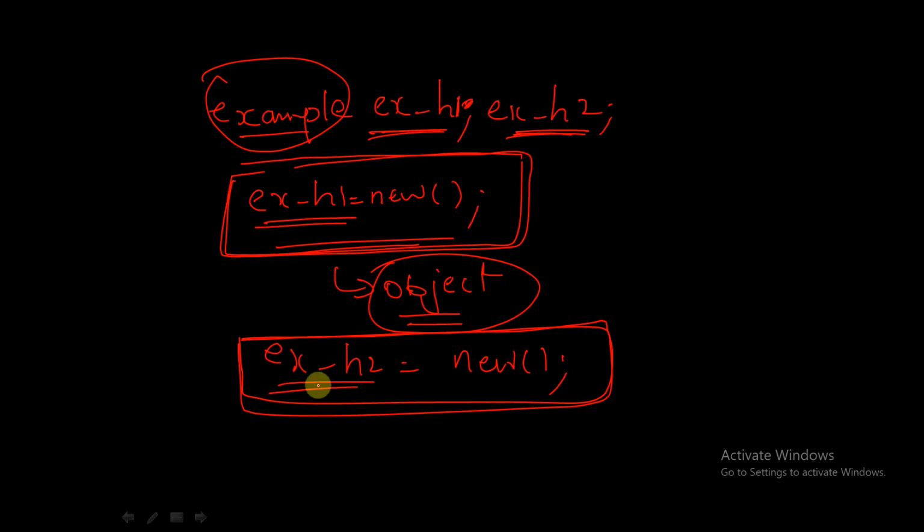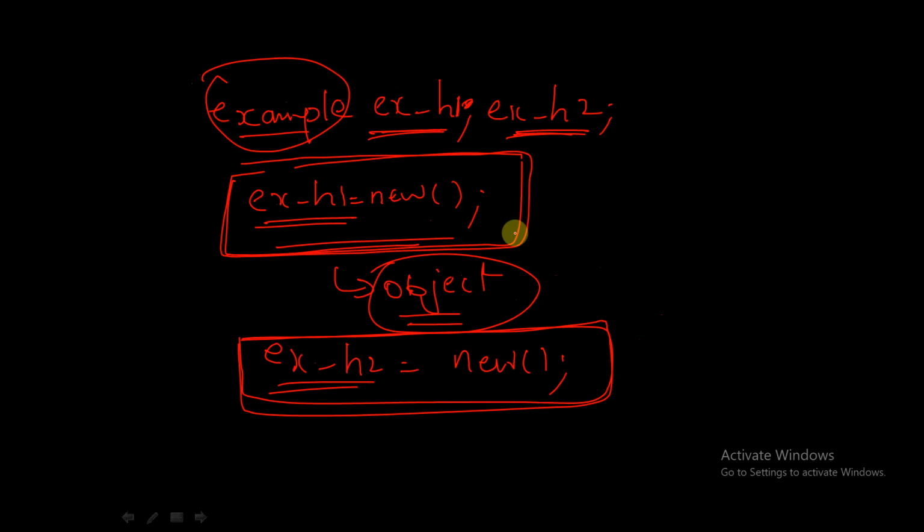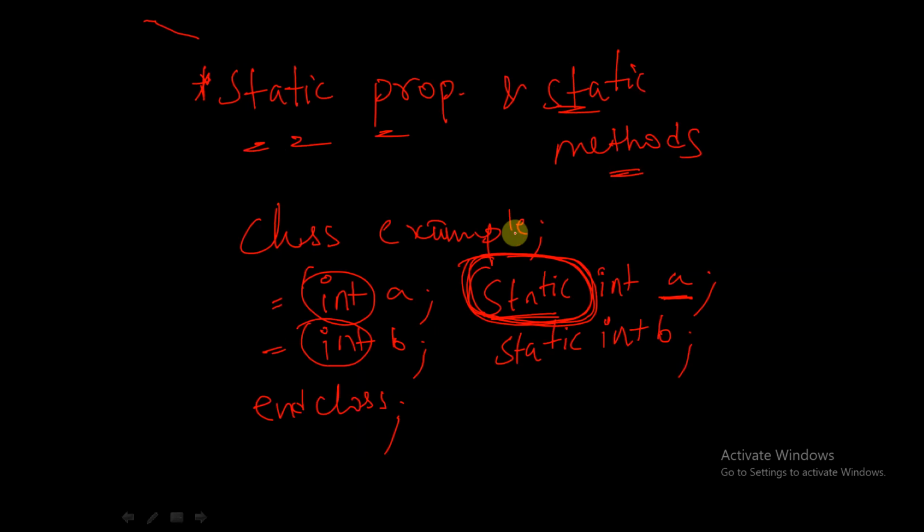But it is not happening because the variable a has been declared as a static property, so it will be shared across all the created objects, any number of objects created for this class. Any modifications done to this property by one object handle will be reflected in another object handle. So this is about static properties in SystemVerilog.